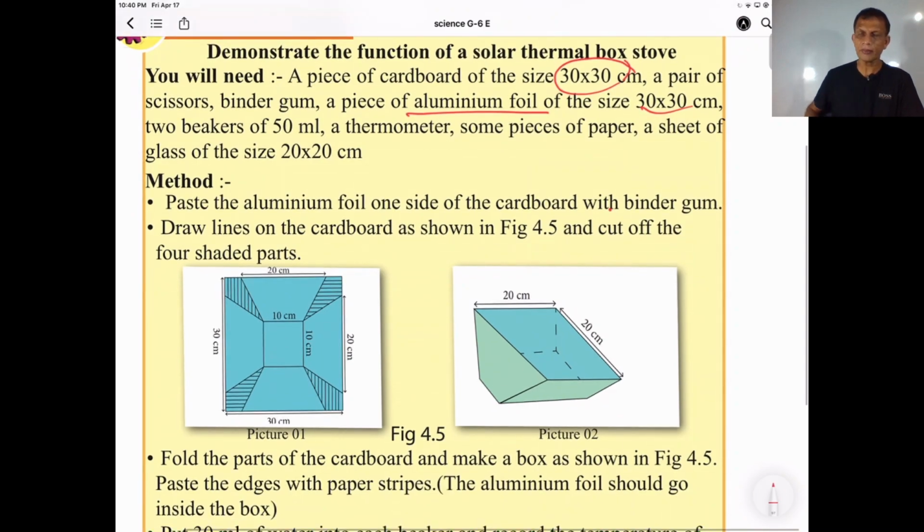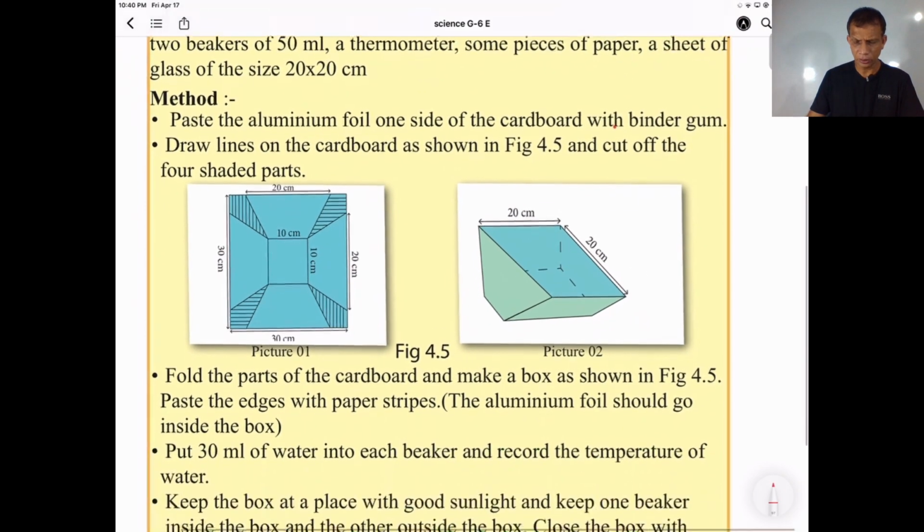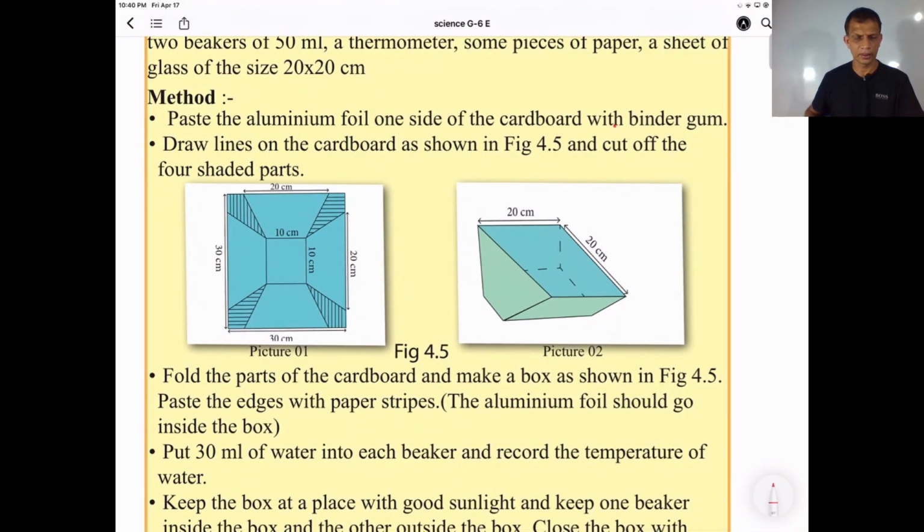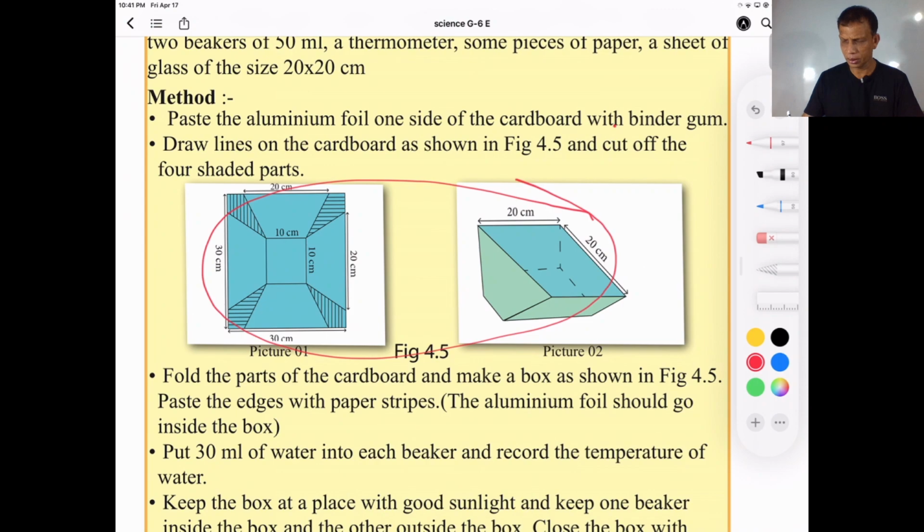Method. Here I am going to explain how the task is done. Draw lines. All these instructions are given to prepare the solar thermal stove. So you can take a cardboard and draw the lines according to the measurements given here.